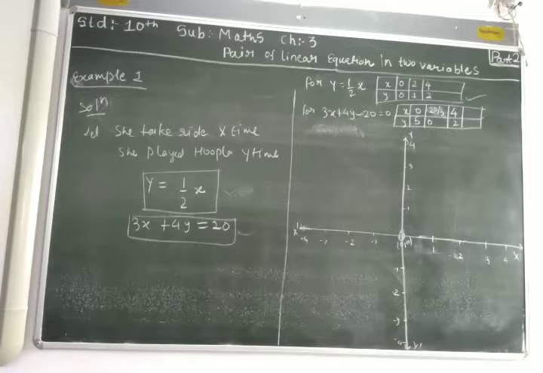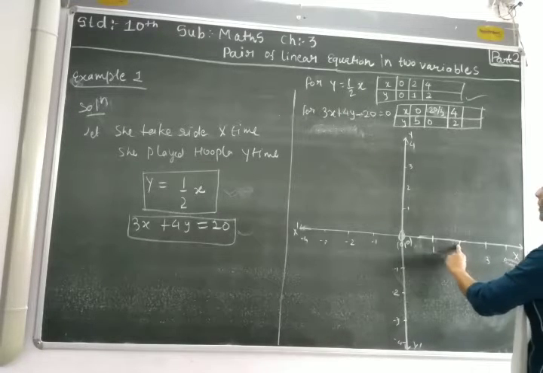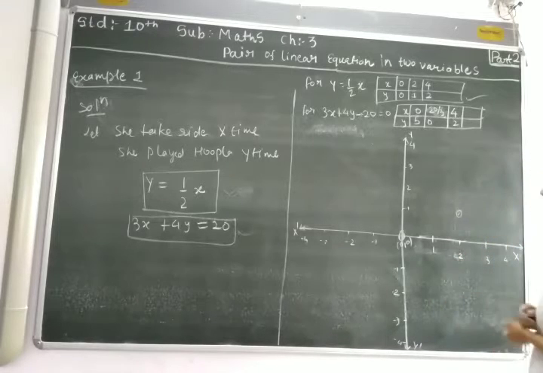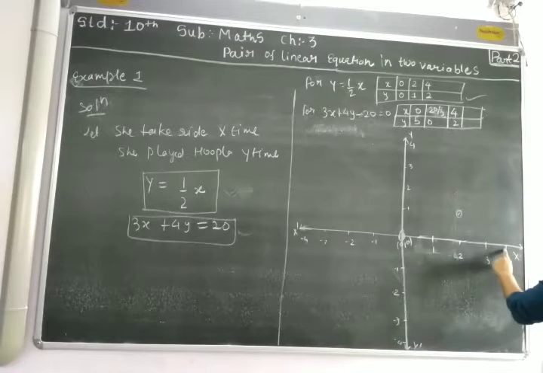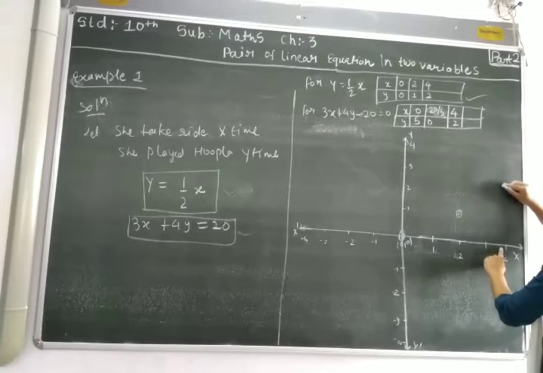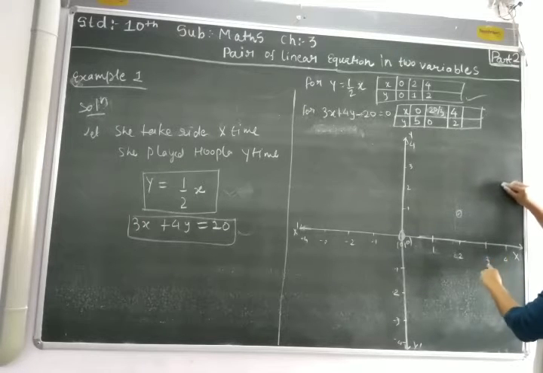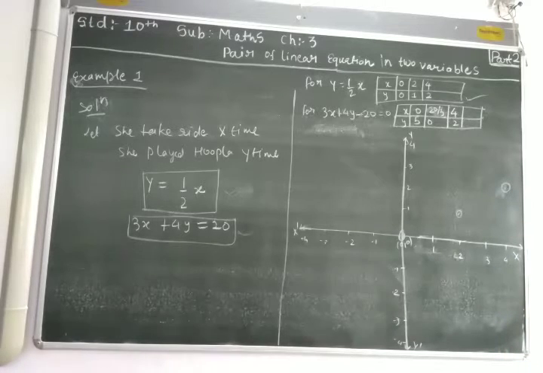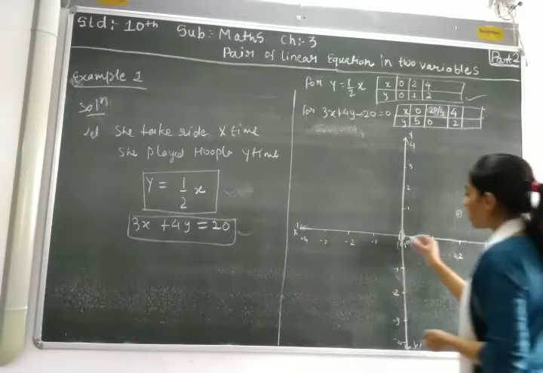Now, the second one is x equals 2 and y equals 1, somewhere over here. X equals 4, y equals 2, somewhere over here. Okay. Now, just draw a line.